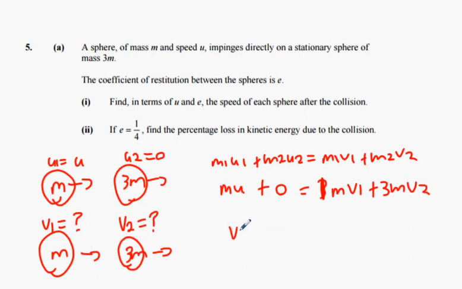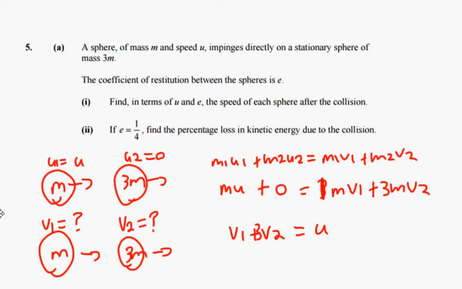We're then going to get V1 plus 3V2 equals U. Is that alright? I think this is 2009, is it?